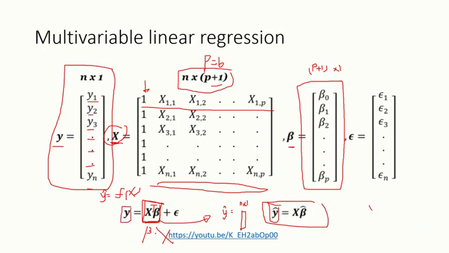So you have y minus y estimate. This becomes the vector of the error, okay? The sigma. So this error vector is the difference between your estimated y and the observed y.